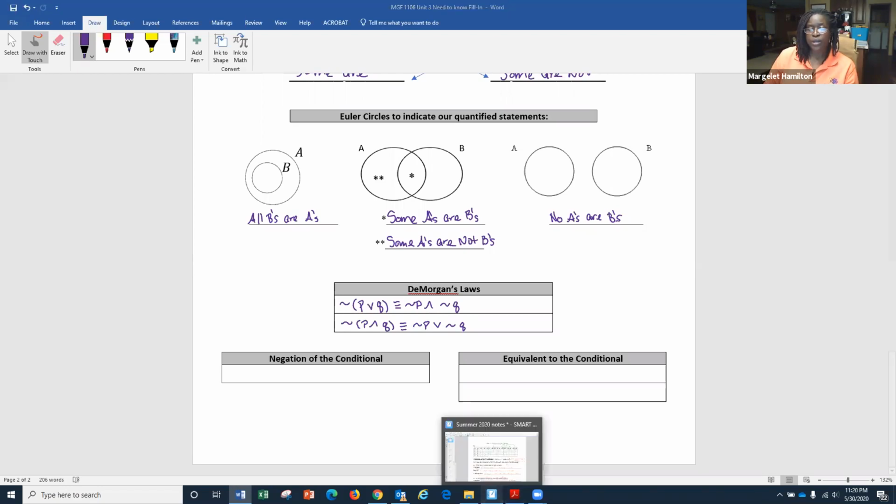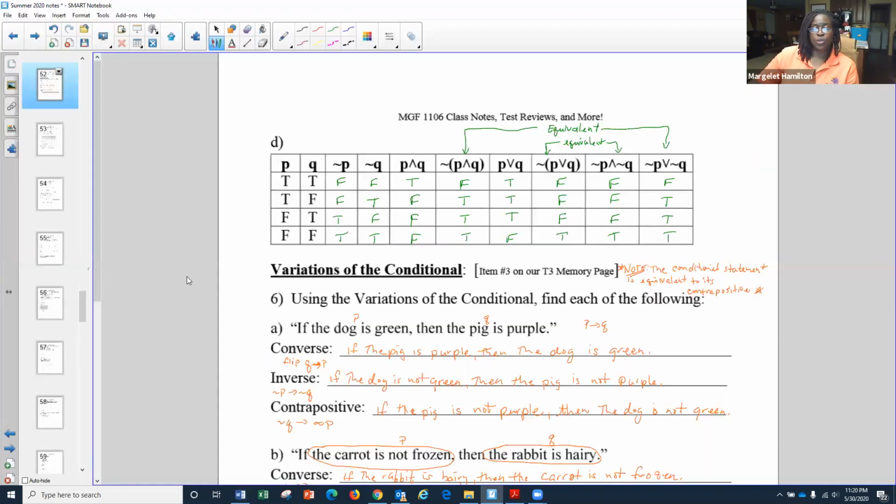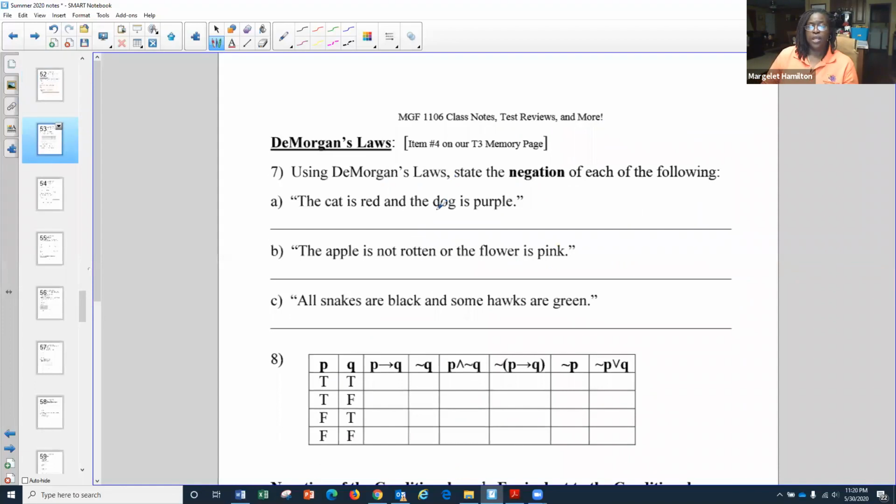So here we are, going back to page 53. It wants us to use the DeMorgan's laws to state the negation for each of the following. So it says the cat is red and the dog is purple.